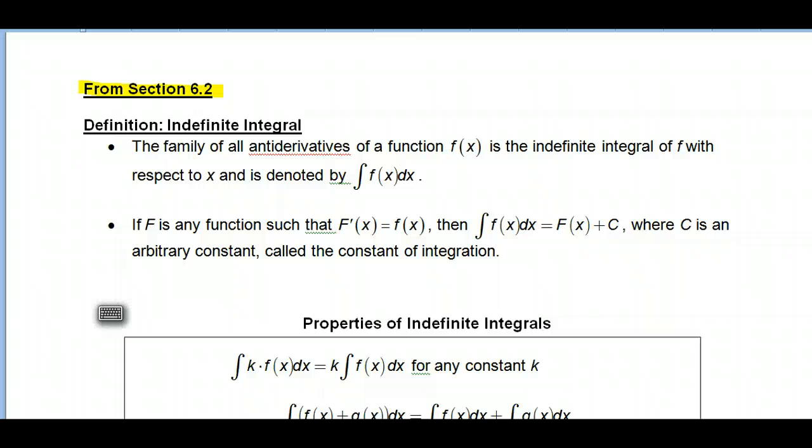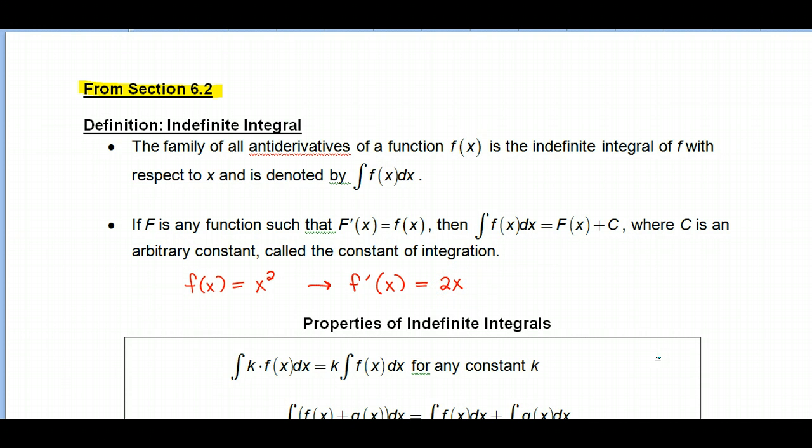When we did derivatives, just for example, let me do x squared. Let's say f of x is equal to x squared. When we would do the derivative, it would be 2x, right?